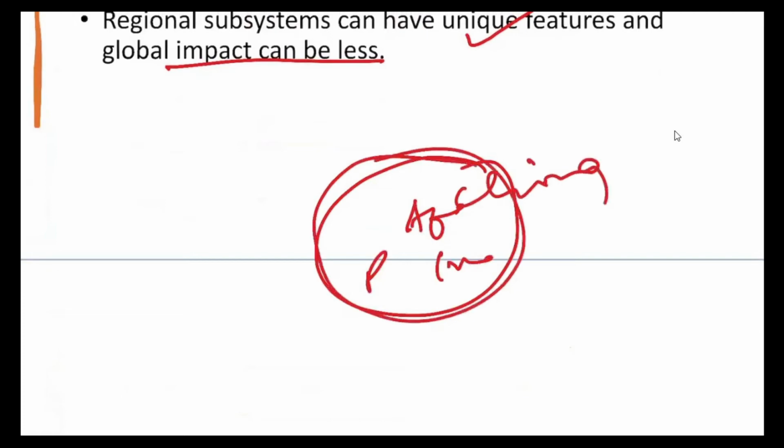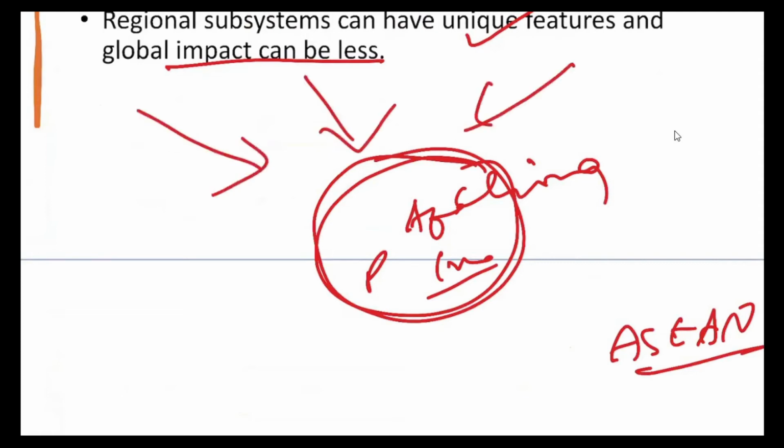You can apply this. You can apply to Asian countries. So this is one way of looking at the systems approach. So you look at the subsystem and then work out the interaction with the system. So if this subsystem is the system, then outside the subsystem becomes the environment.